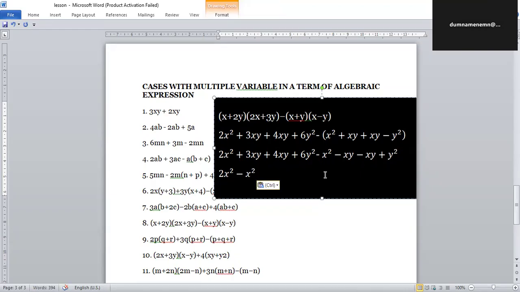All right, let's take all the ones that have index of 2 first. Then let's take 6y square. Carry it with the sign. Do you see the way I'm carrying it? Then plus y square along with the sign.